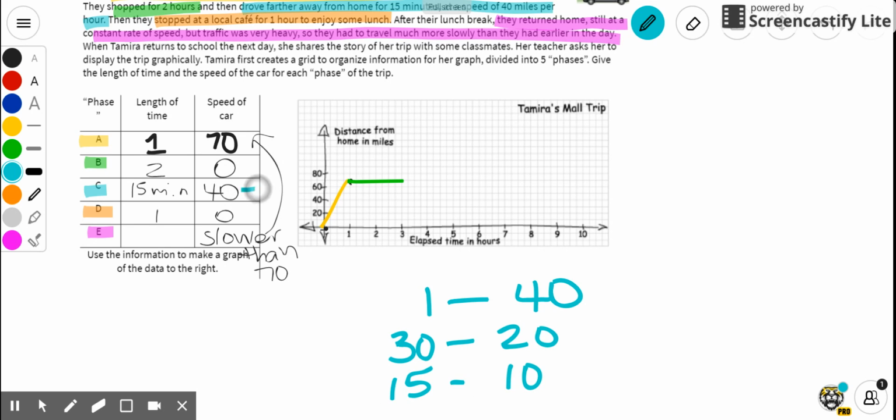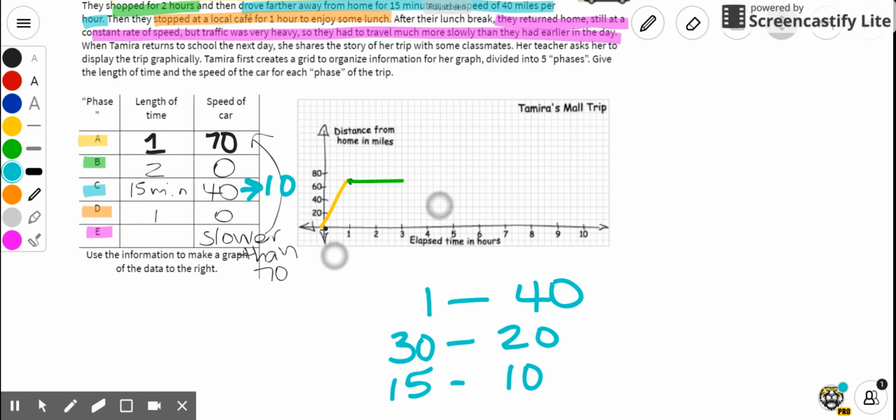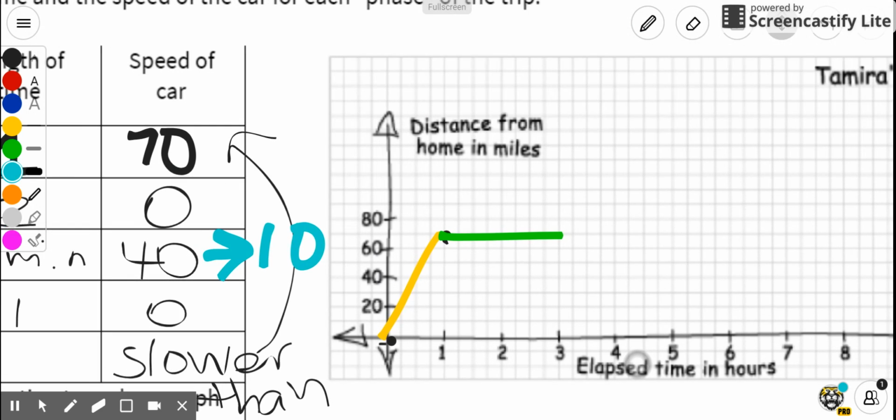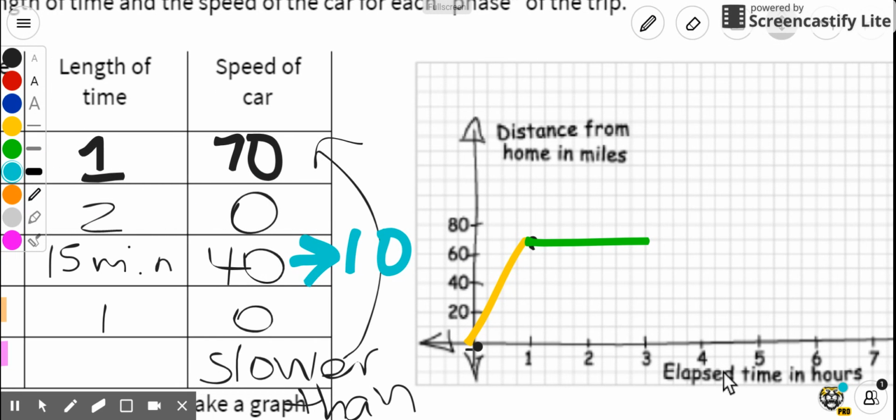So she went 10 miles further, which means it's at 80 miles now. And it was only 15 minutes, so it's not a full hour. That means it's a quarter of an hour. She was at 80, and that's again a straight line.